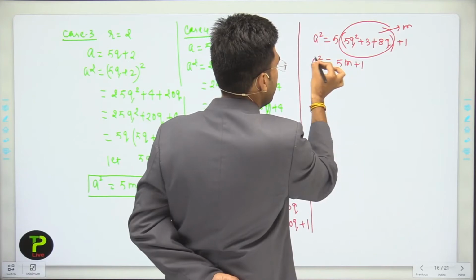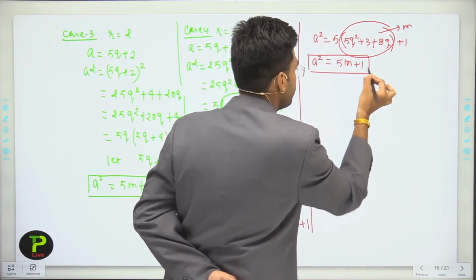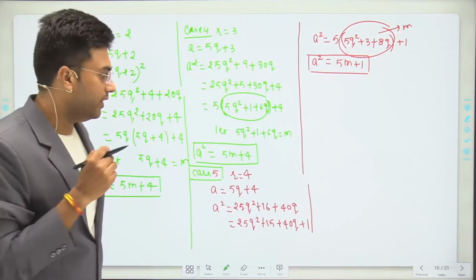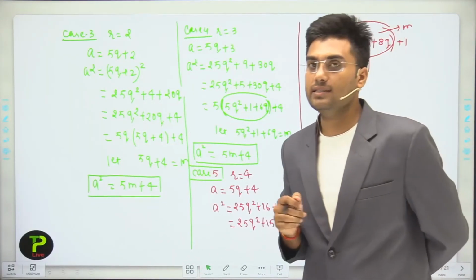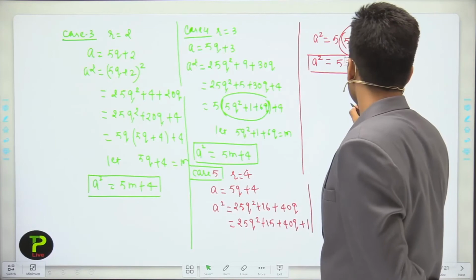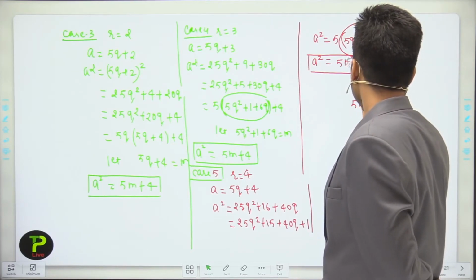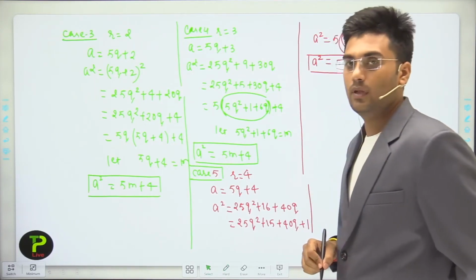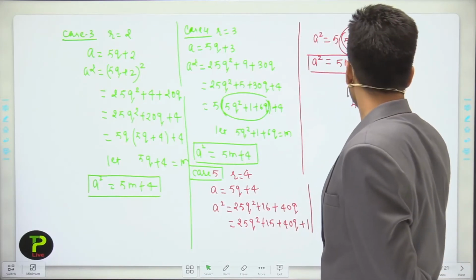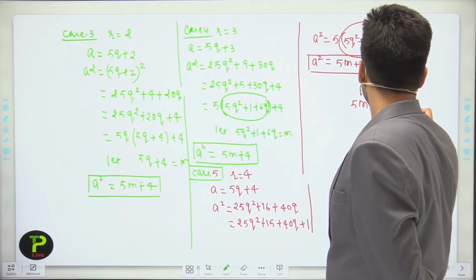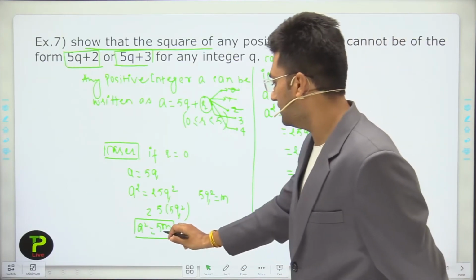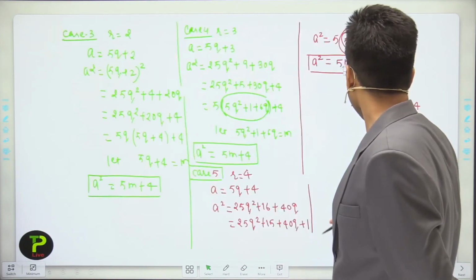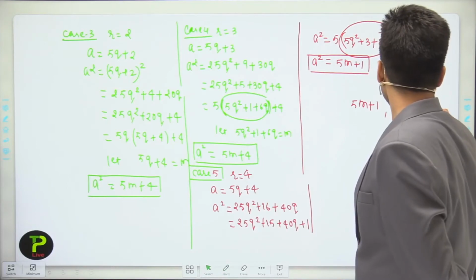So a square is 5m plus 1. So now students, if we observe all cases, the square of any integer can be in the form of 5m plus 1, 5m plus 4, or in the previous case it is 5m, so we can write here 5m also.